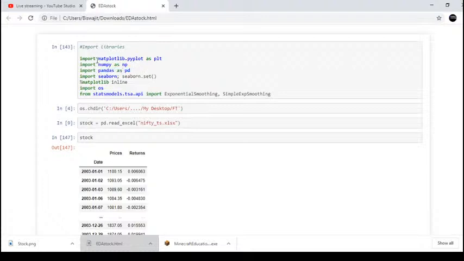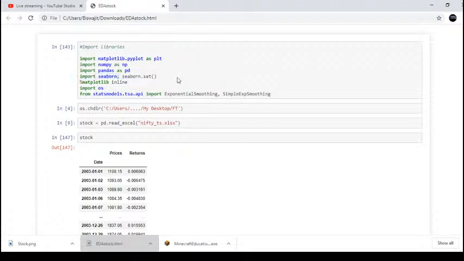Matplotlib is for plotting, for data visualization. NumPy and Pandas can be used for data handling, summarizing data, splitting data into different parts, and things like that. Very useful libraries. Seaborn is another library which can be used for data visualization.